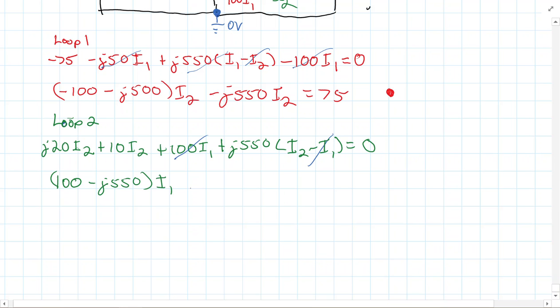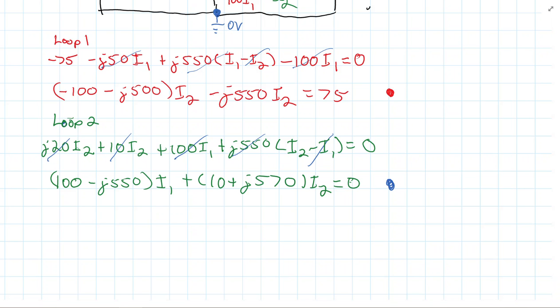And then I have plus 10 plus j570 I2 equals 0, because that takes care of 10, 550 plus 20 is 570. Alright, so then this is my second equation.